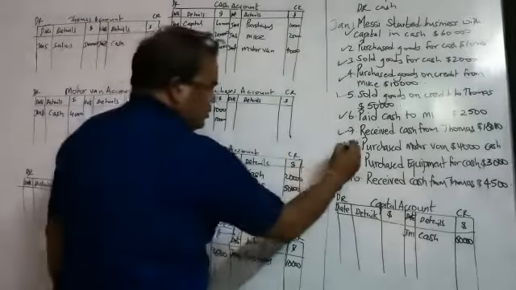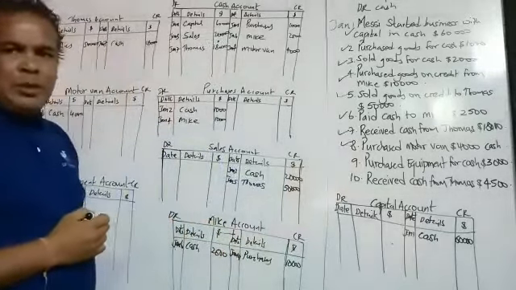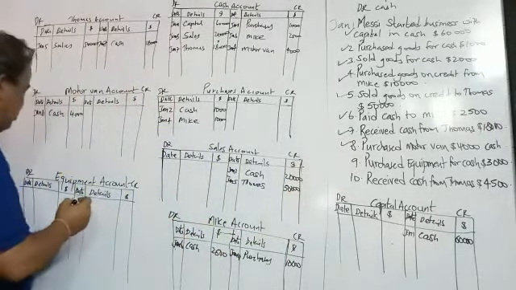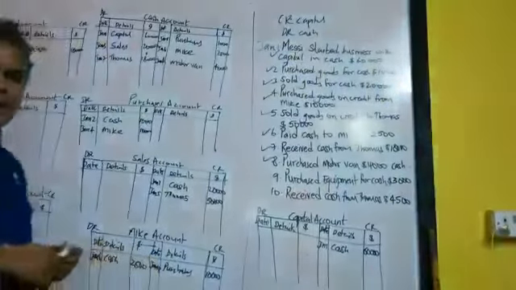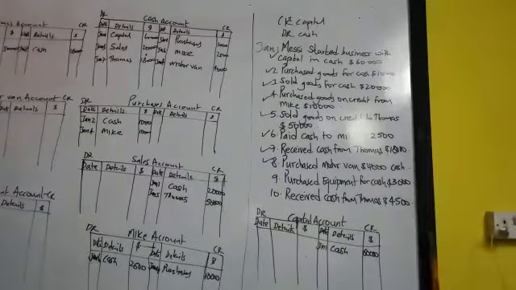And then purchase equipment, debit equipment. Equipment account we have to debit.